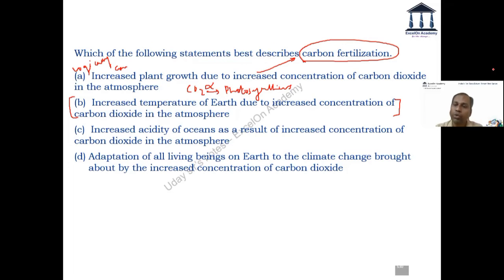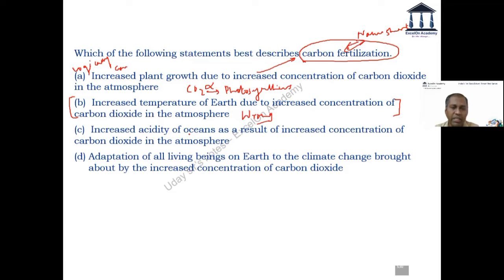Fertilization means increase in growth, enrichment, nourishment. With that background, my hunch was that, like some of you, I would think this option is wrong, because fertilization is synonymous with nourishment. Go back to ocean fertilization, which we did only in the last class. We talked of urea and iron fertilization. So this is probably wrong.